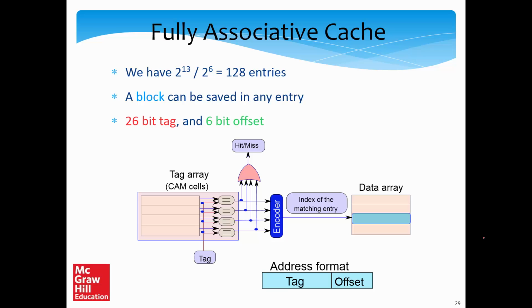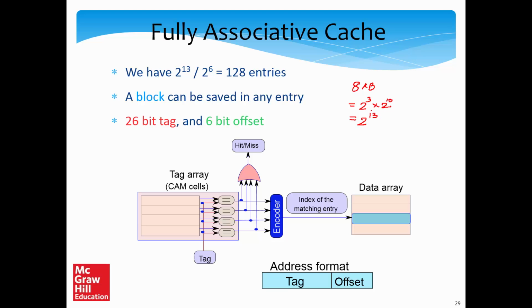So let's do a little bit of math. Our cache size is 8 kilobytes. Let's try to find out how much this is in bytes. It's 2 raised to the power 3, which is 8, multiplied by 2 raised to the power 10. 1 kilo means 1024, which is 2 raised to the power 10. So 2 to the power 3 times 2 to the power 10 is 2 to the power 13.